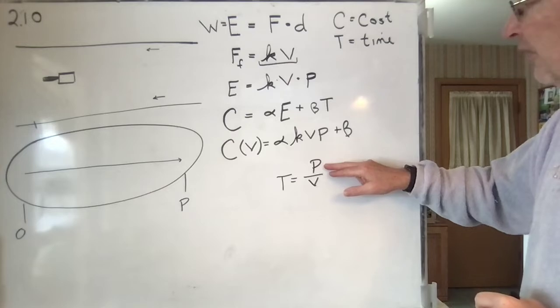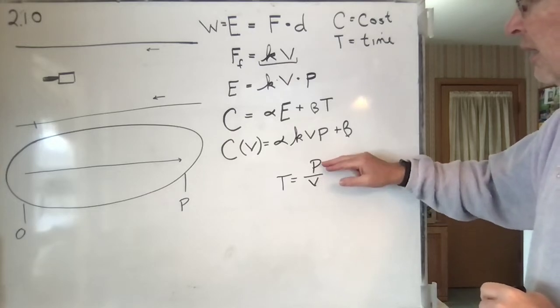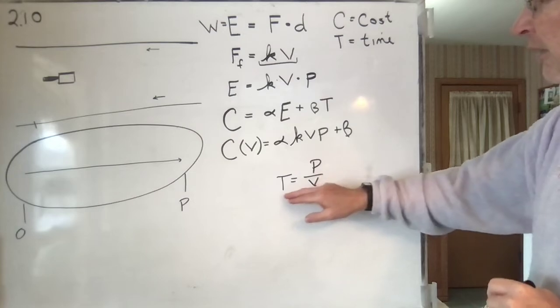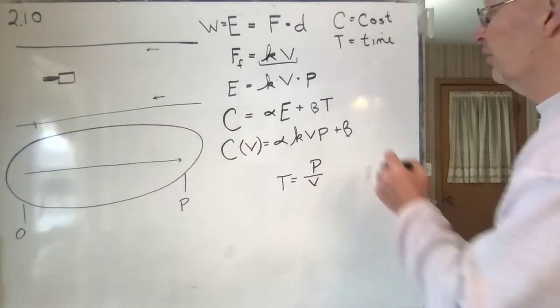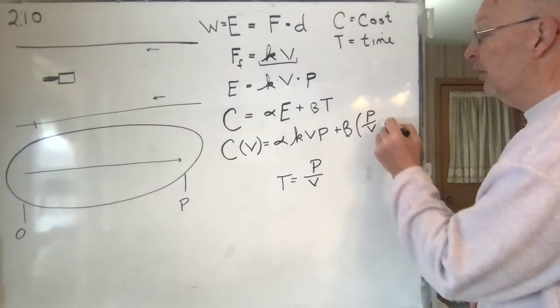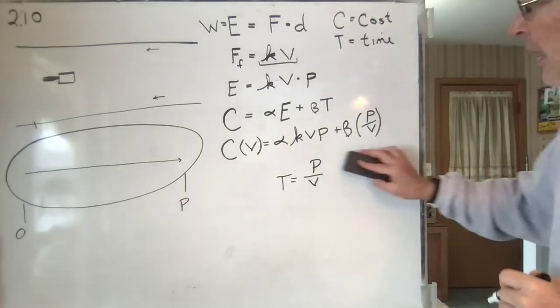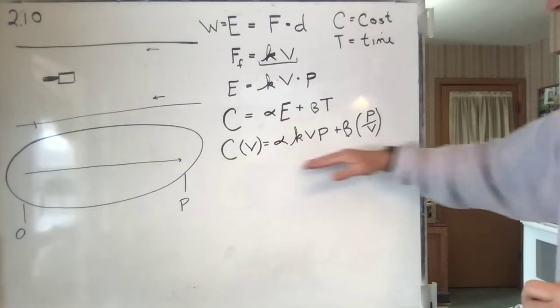If the distance that you're going is 10 miles and you're going at 5 miles an hour, 10 divided by 5 miles an hour, you're going to spend 2 hours making the trip. Agreed? So this thing right here is going to be P over V. So there is a function of just one variable, V.